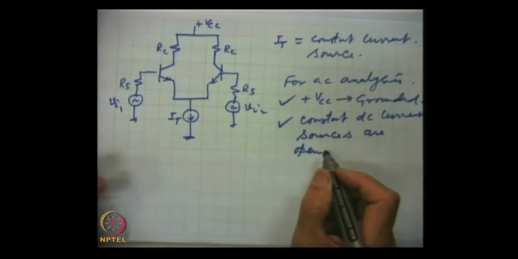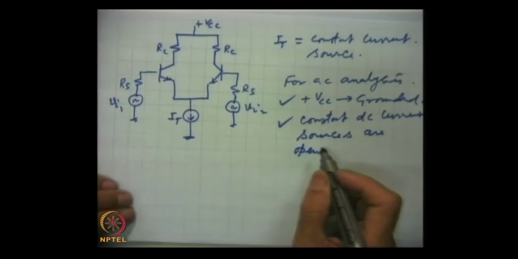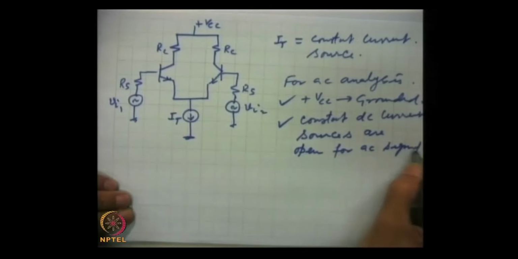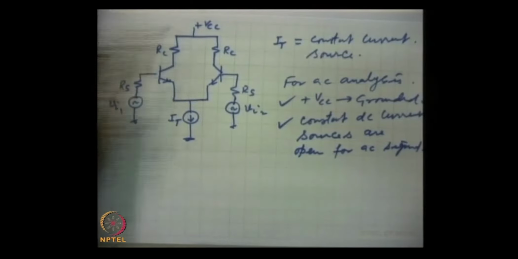That means they form infinite resistance, open for AC signal. This is grounded and this is open.